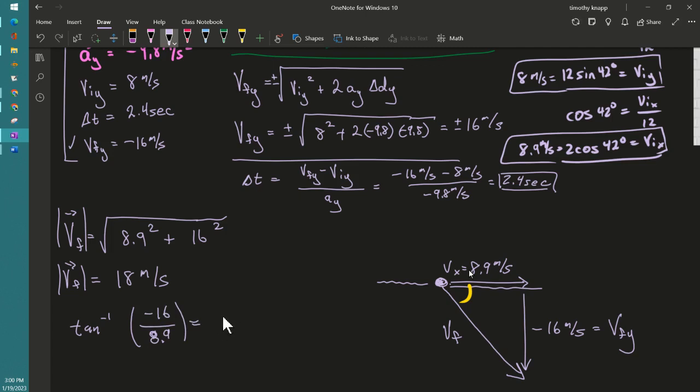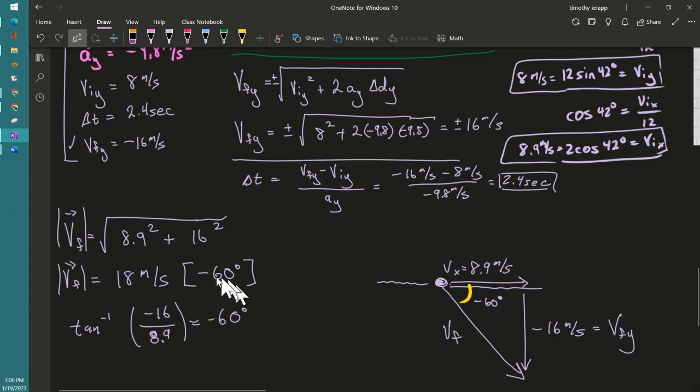And that angle turns out to be negative 60 degrees. So I know that my final velocity is at negative 60 degrees, effectively explaining that it's negative because it's going down, it's below the horizon, okay?